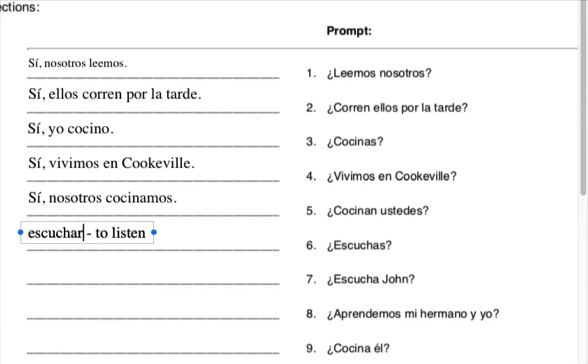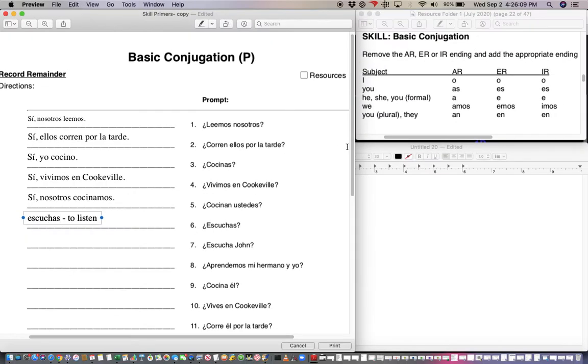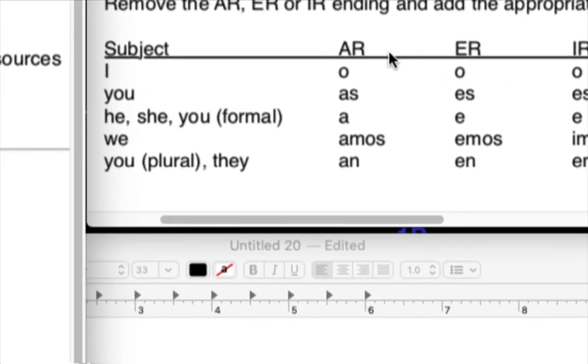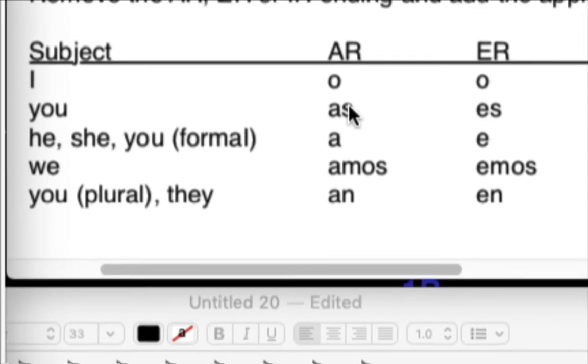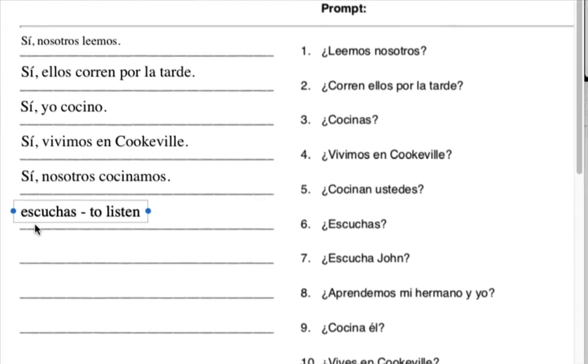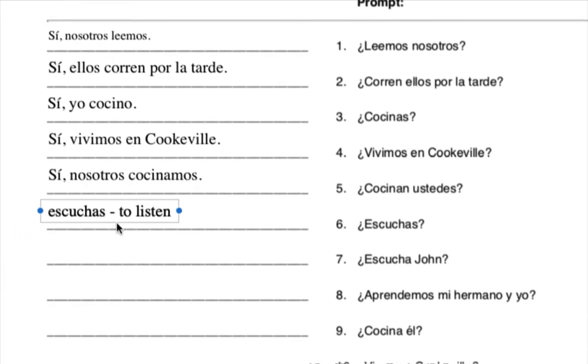We took off the AR and we added AS. So AR verb, AS is right here. It's the subject you. So this is do you listen? In a statement, it would have been you listen, but this has question marks around it. So it's do you listen?